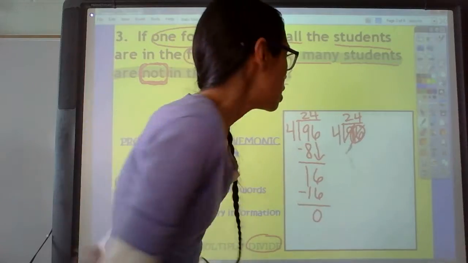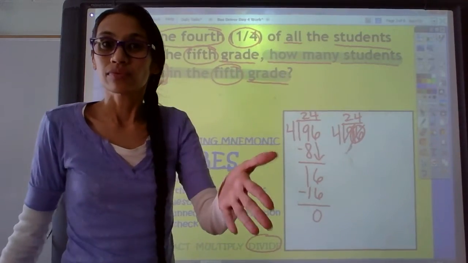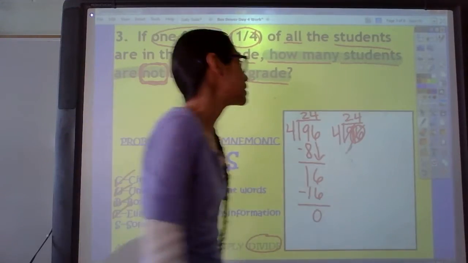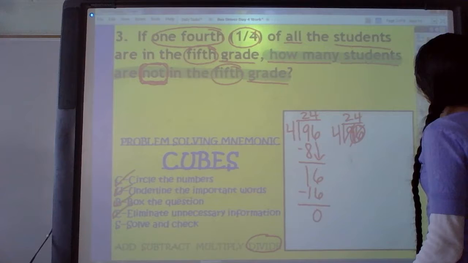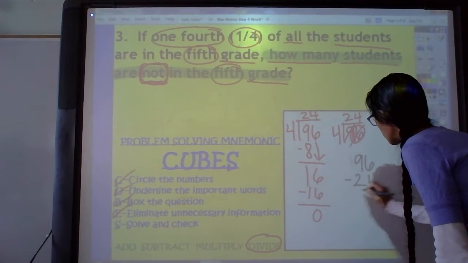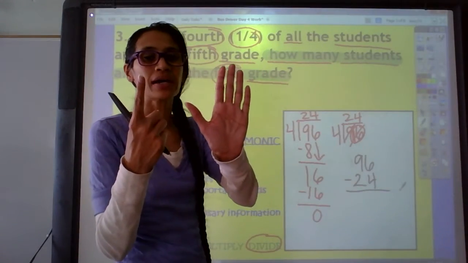No distractions. All right, so now we need to subtract 96 and 24 together. Take away 24 from 96. Let's do that. And I'm going to change my color. 96 minus 24. 6 minus 4. 6. Take away 4 from that.